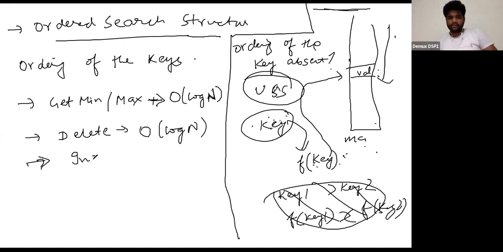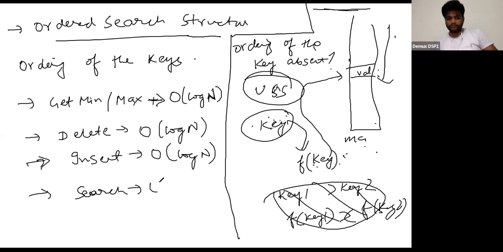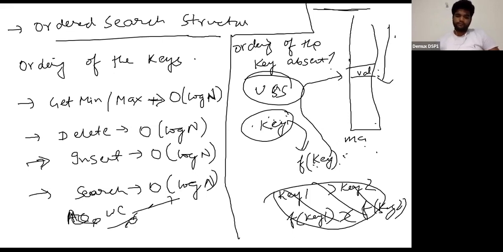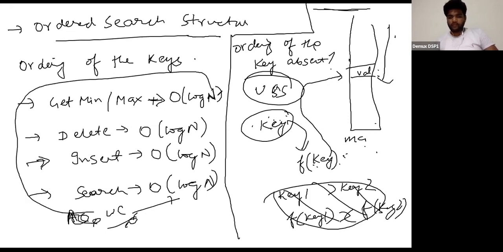You can insert in log n, and you can search also in log n. So this is all log n, whether average case, best case, or worst case. Worst case, this is log n. Best case can be order 1. Everything is log n in these ordered search structures: worst case, getting the minimum, maximum, insert, delete, search.